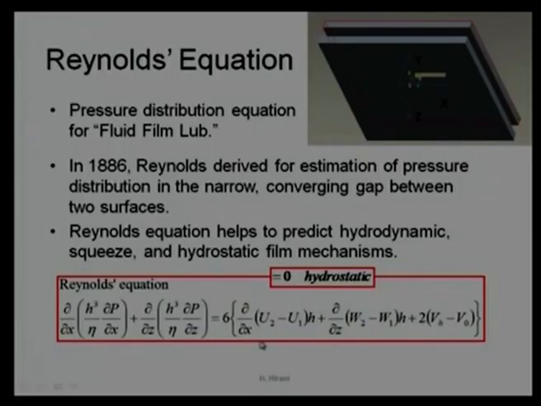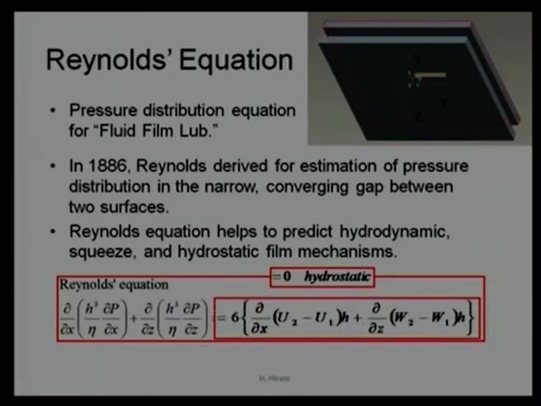So, for hydrostatic, this will be equal to 0. Coming to the hydrodynamic, there is a need of a relative velocity, there is a need of wedge action, maybe in one direction or in both directions. So, this may be in the x direction, this is in the z direction. We are neglecting the y direction because y is the film thickness direction.